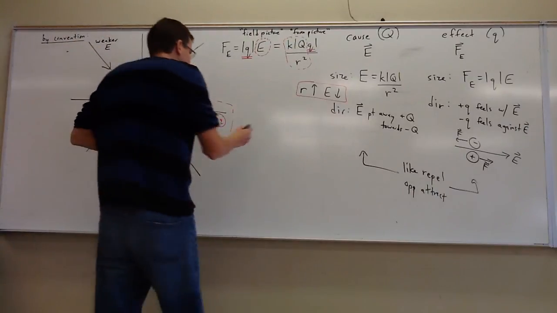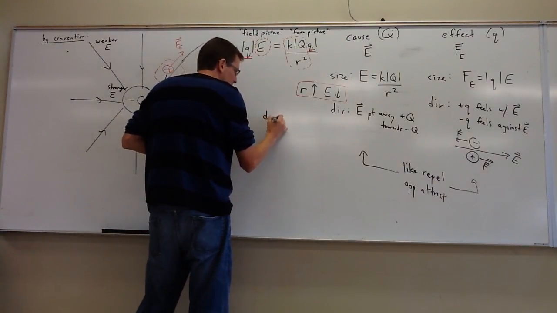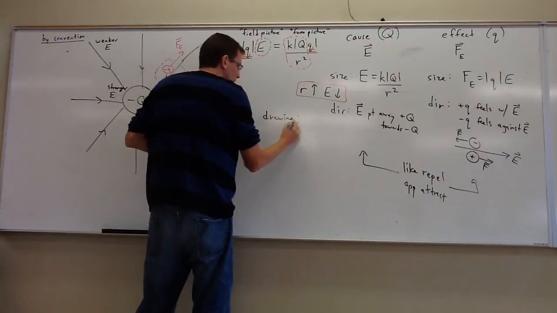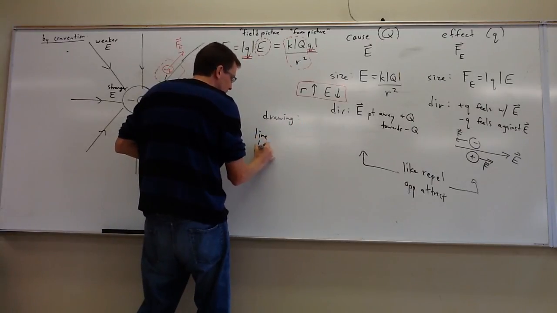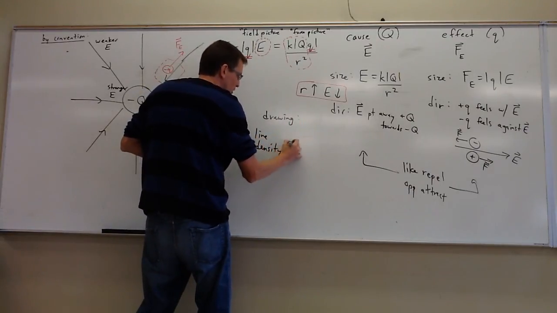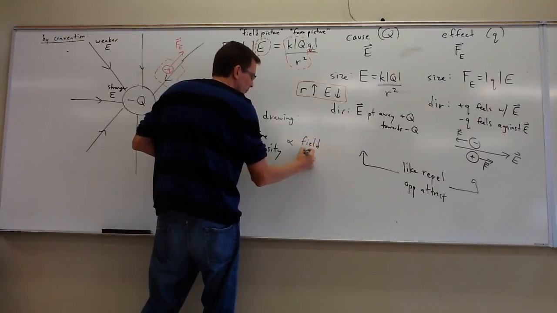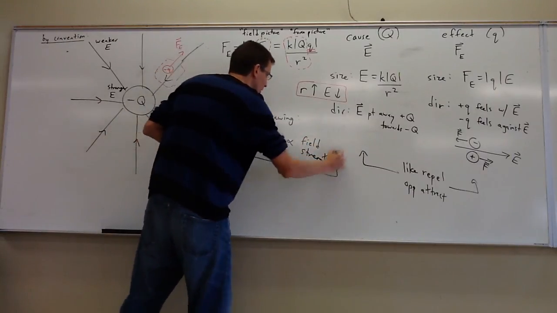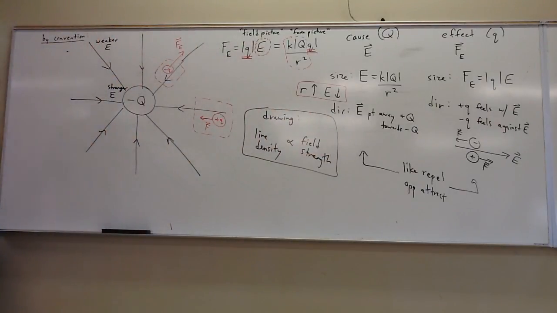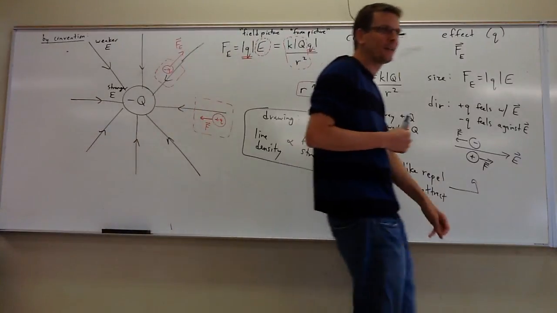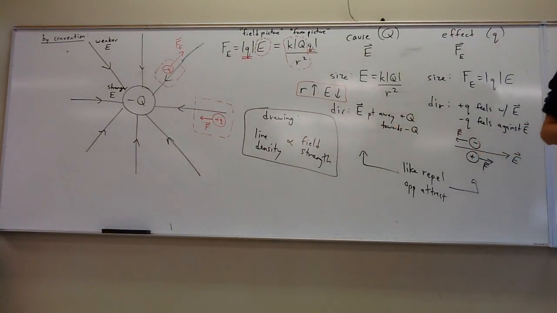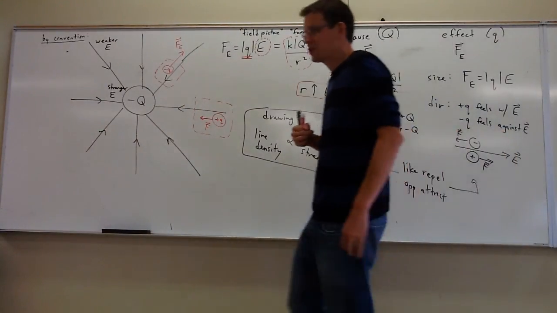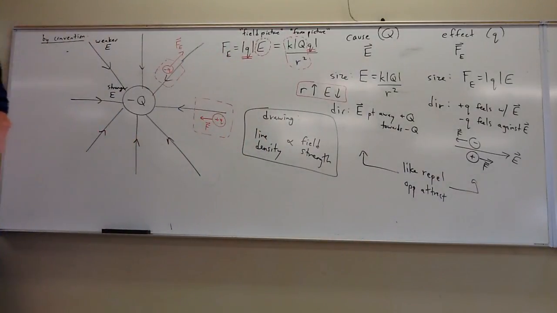So I want to point out that as far as drawing goes, the line density is proportional to the field strength. This is an incredibly handy way to get a lot of information from just a drawing.